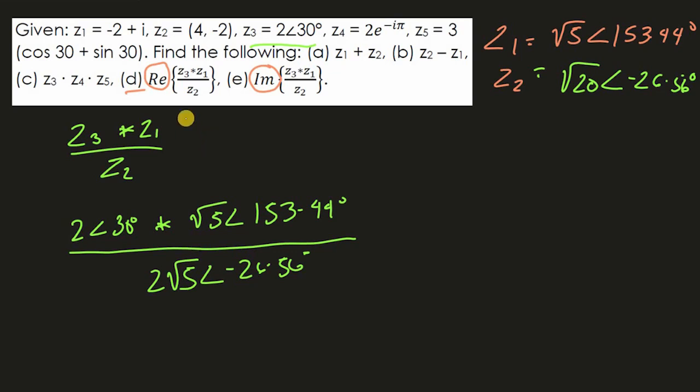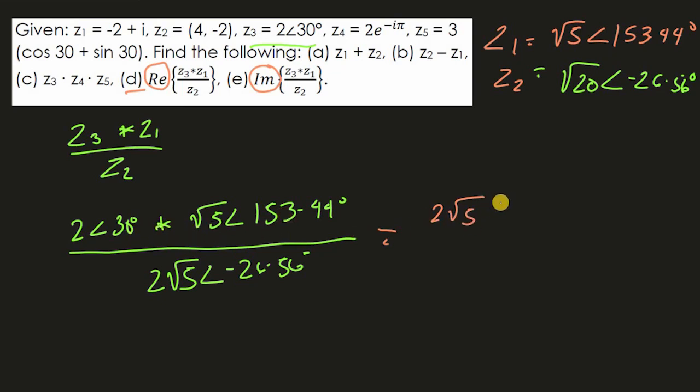So, our next part is to simplify. Since this is multiplication, we just need to multiply the modulus at ipag-add yung mga angles natin. So, doing that, 2 times square root of 5 is 2 square root of 5.